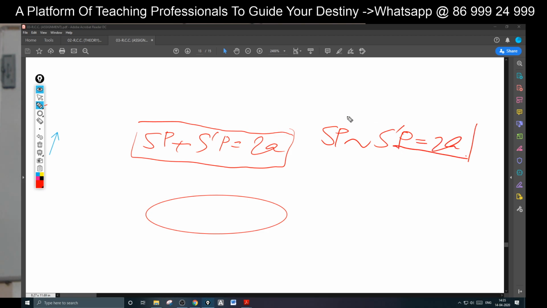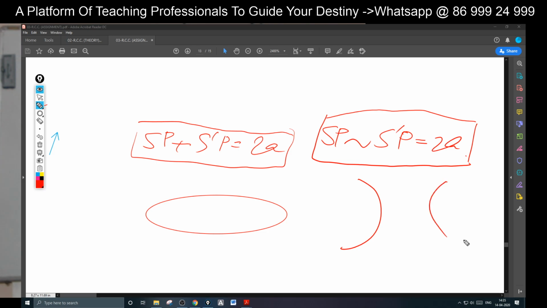There are, of course, some restrictions for 2A. I explained yesterday: 2A must be less than SS dash to form a hyperbola. If 2A is equal to SS dash, it forms a line segment. If 2A is greater than SS dash, in this case, there is no locus. Similarly, we have seen the same for the ellipse also. This is the hyperbola.